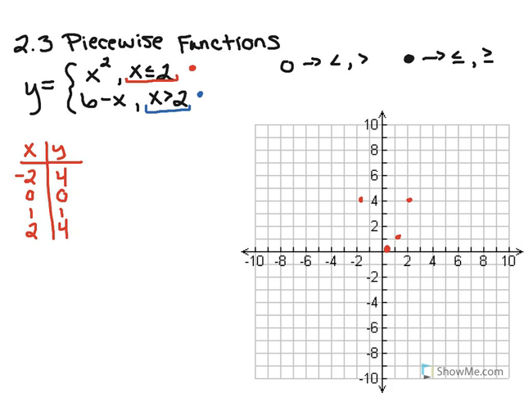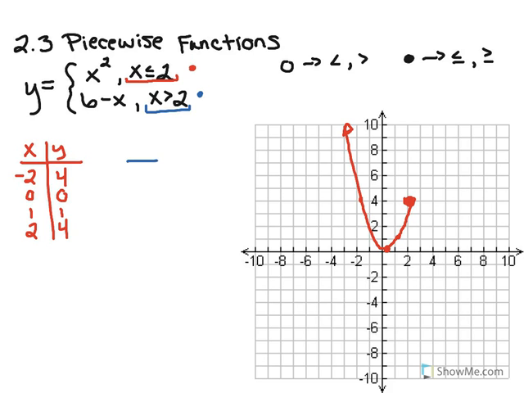And so what we're going to do is connect these. What's important is that this point right here is the endpoint of that function. So I'm only going to graph everything to the left of it because I only want the values that are smaller or equal to it. So this is the first piece of that function, and that's an arrow up there.